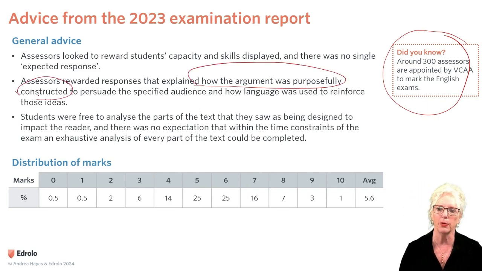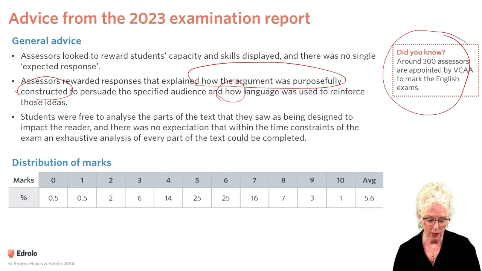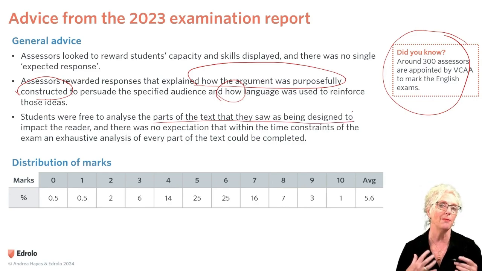Very, very valuable, particularly in the current study design, to persuade a specific audience and how language was used to reinforce those ideas. Students are free to analyse parts of the text as they saw being designed to impact the reader.